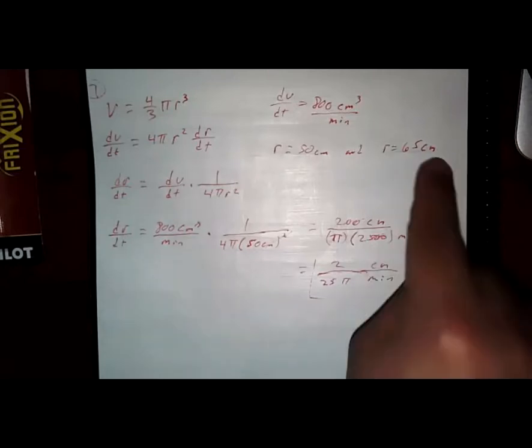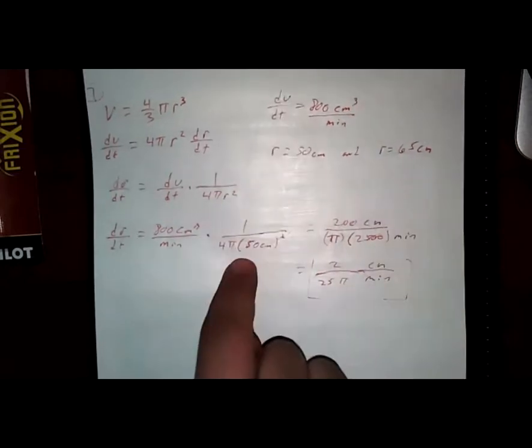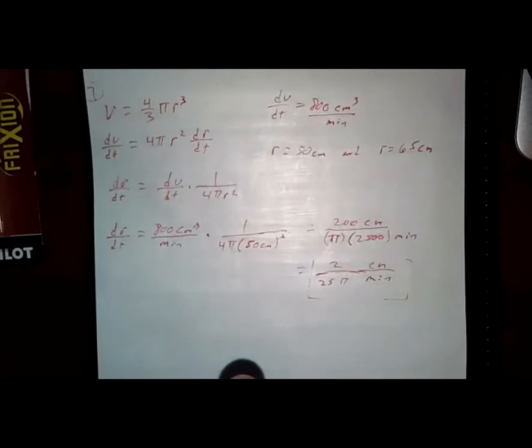So for 65, you do the same thing. You just plug in 65 here. That's it, to finish part A. Part B says explain why the rate of change of the radius of the sphere is not constant, even though dV/dt is constant.